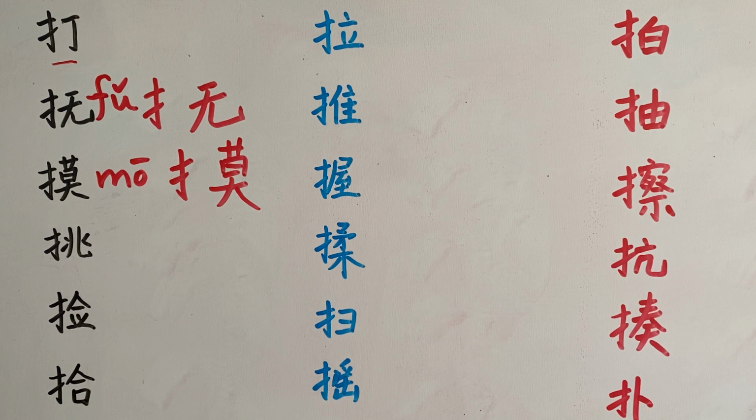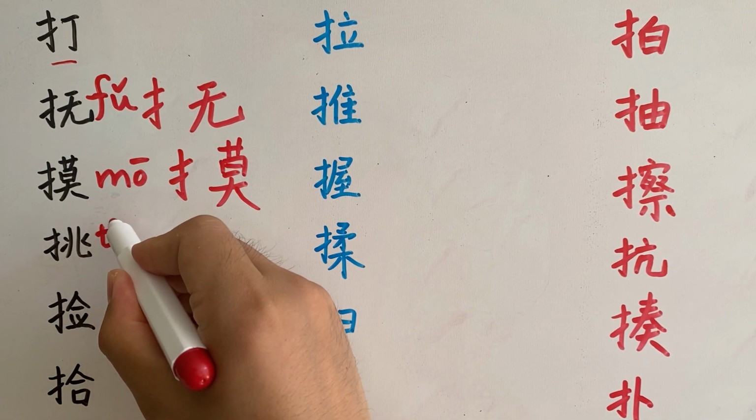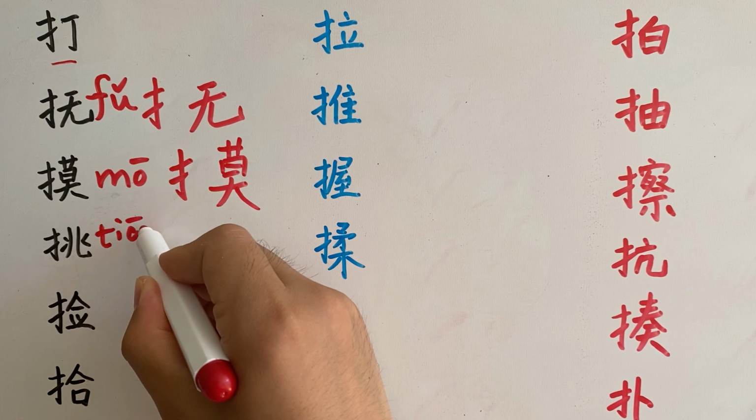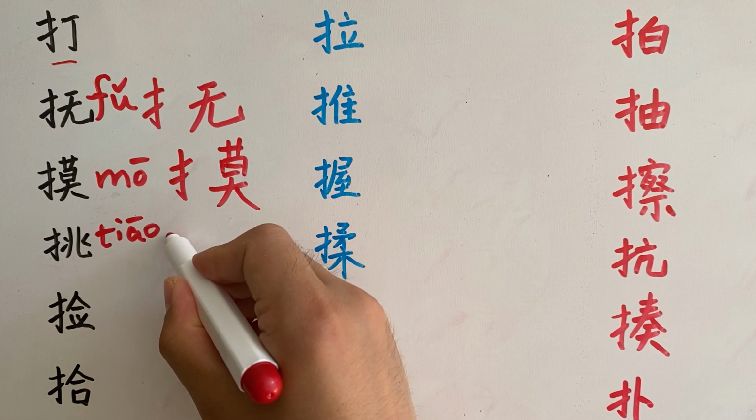Okay, next one, 挑. Its Chinese pinyin is like this. 挑 means to choose, to pick, right? It's written like this.